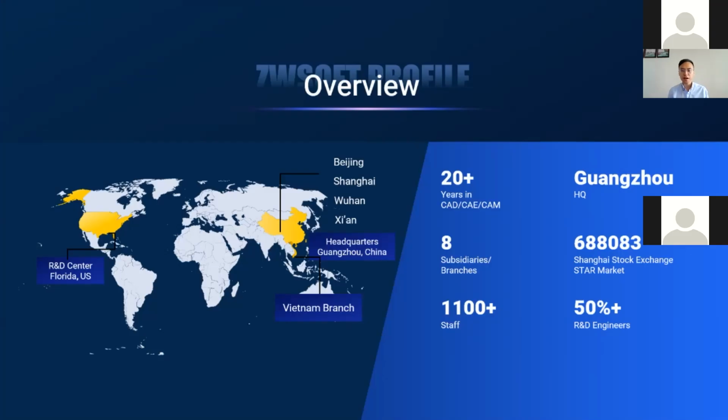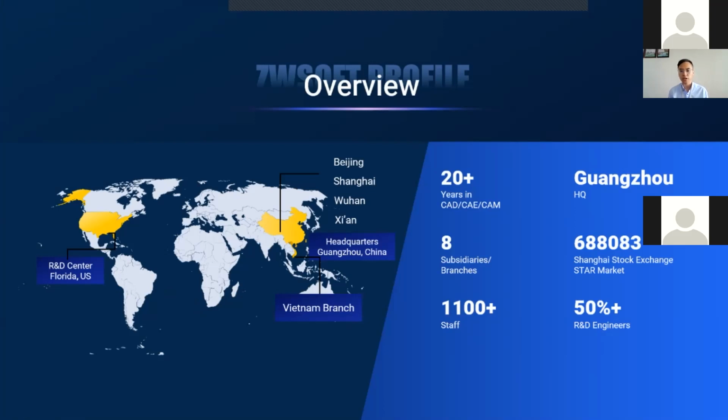After 20 years, ZWCAD already has 8 subsidiaries and branches in different countries and locations. For example, one R&D center is based in Florida, and one of the overseas branches is based in Vietnam. We also have different offices in different cities in China.